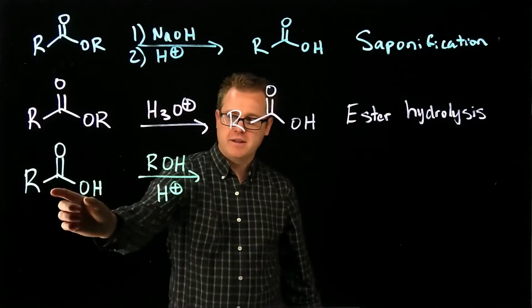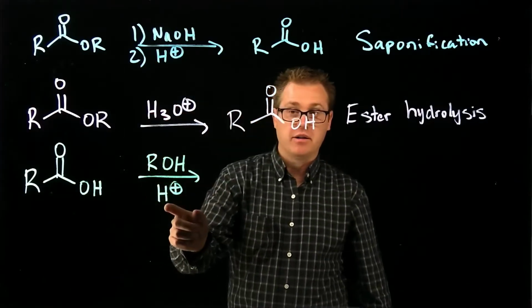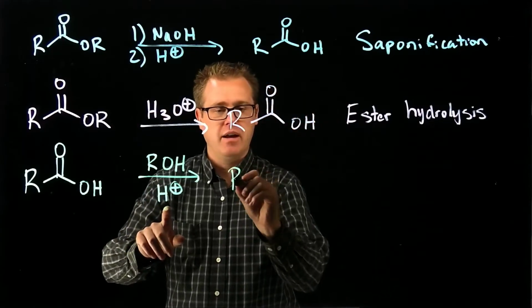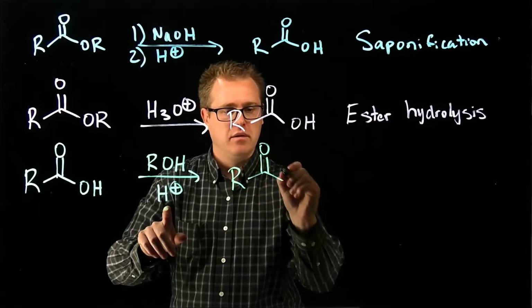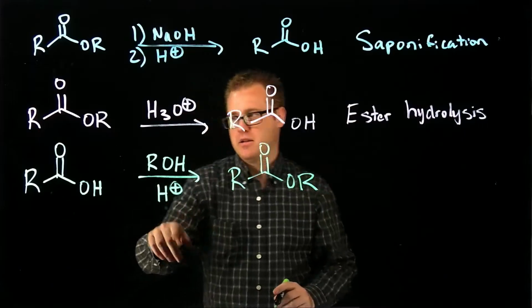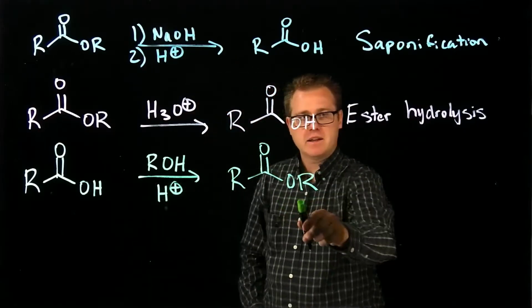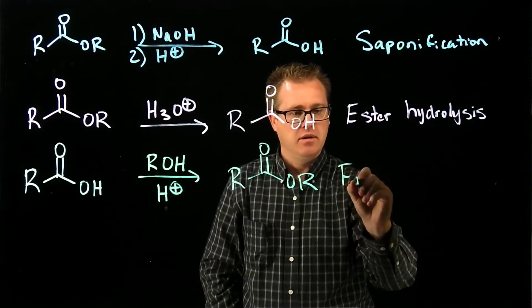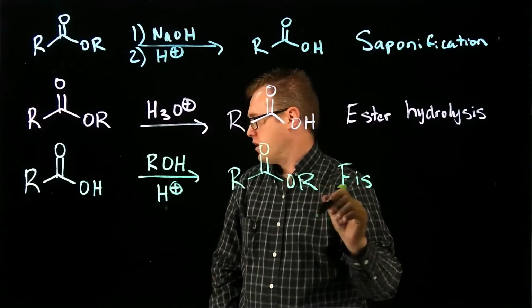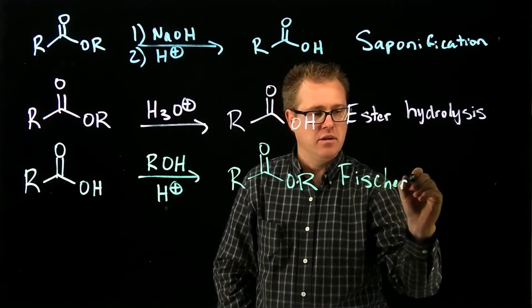Where you take a carboxylic acid, treat it with an alcohol under acidic conditions, and what are you going to get? An ester. Remember what that reaction name was? That's the Fischer esterification.